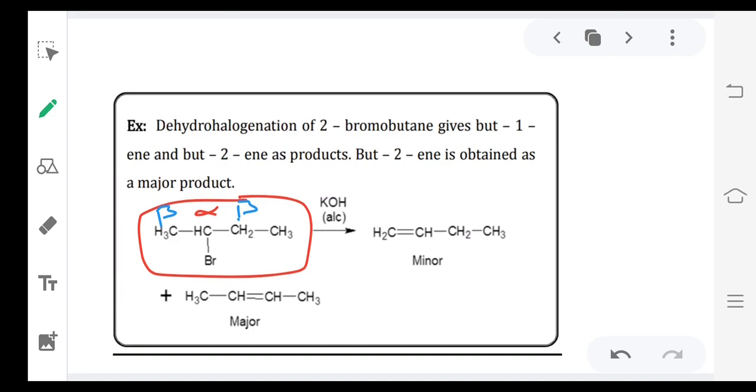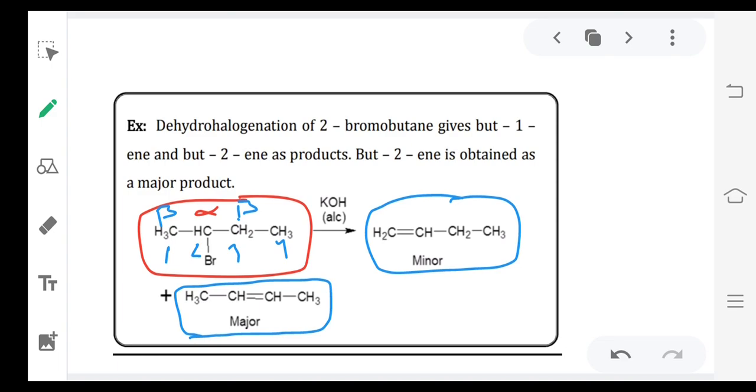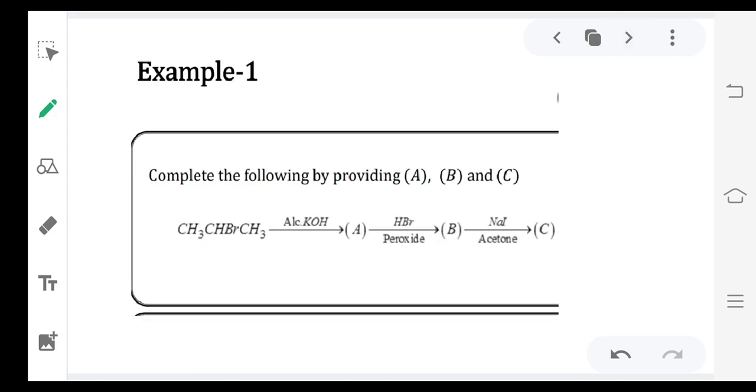Suppose I number the carbons 1, 2, 3, 4. From the third carbon we have to remove hydrogen, and you will get the major product. So this is the major product. It is obtained when hydrogen is removed from the third carbon, and this is the minor product, obtained due to removal of hydrogen from the first carbon. So the Saytzeff product is the second one.